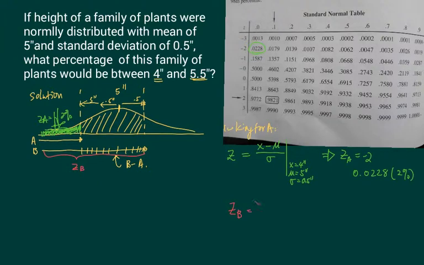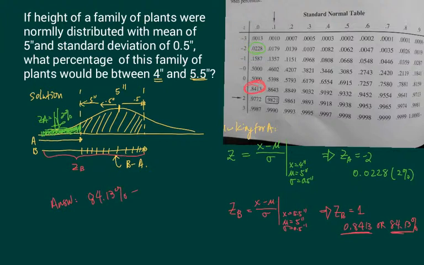So ZB, using the same thing here, I'm just going to write it out quickly, reading on the table over here, simplify, and we got 0.84. So 84.13% falls in data B. Of course, then here's our answer, subtracting the 2.28%, which I'll put in percentage form to keep our data the same, from 84.13%.